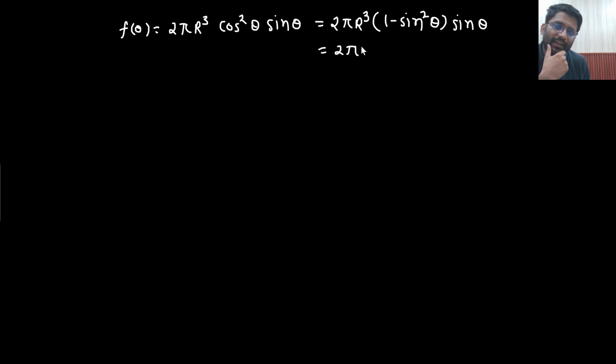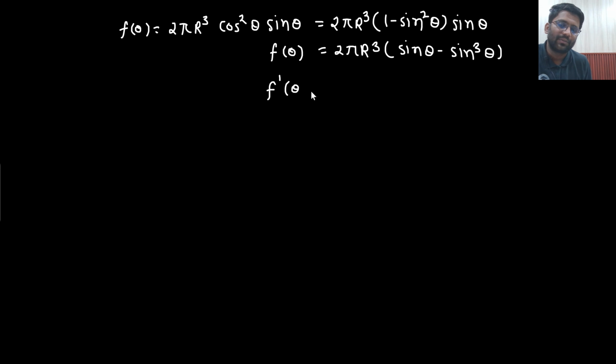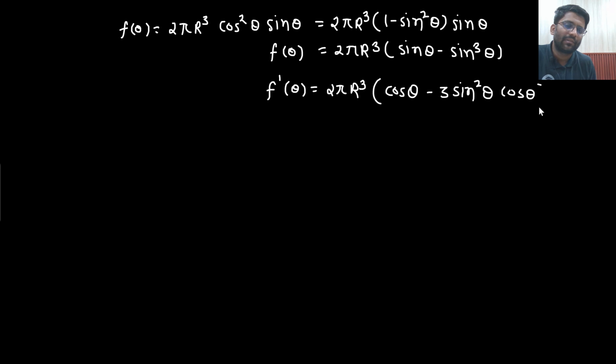So this is 2 pi R cube, and inside goes sin theta minus sin cube theta. Now I will differentiate, because it has come in terms of sin theta only, and then put that equal to 0. So 2 pi R cube times (cos theta minus 3 sin square theta, and what is the differentiation of sin theta? That is cos theta). Understandable? And then you put that equal to 0.